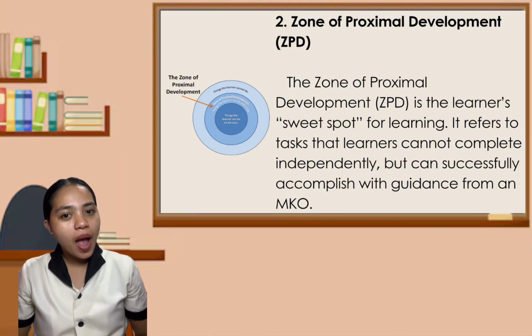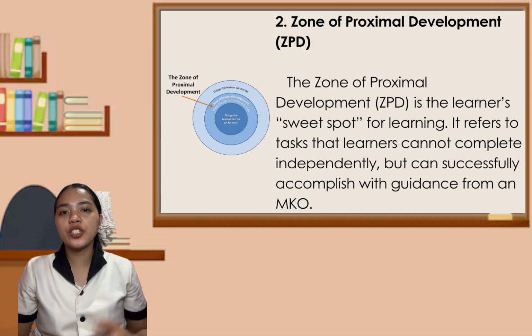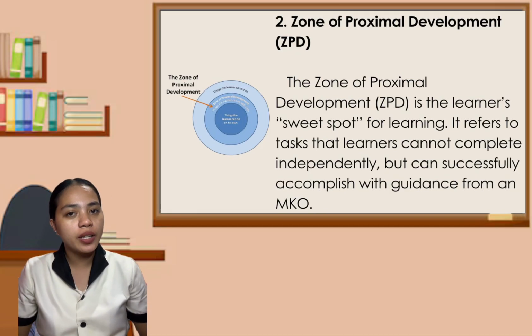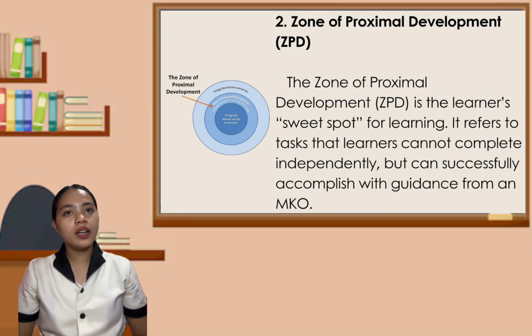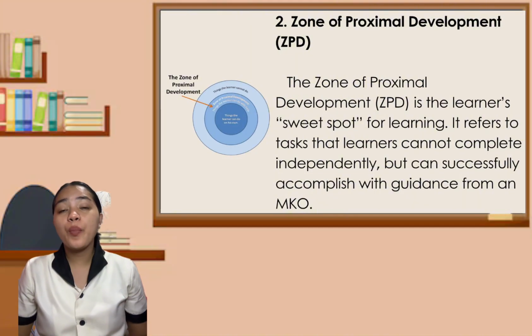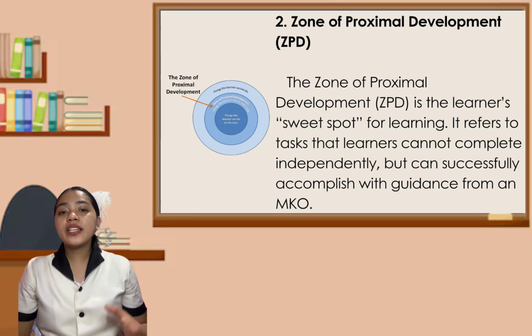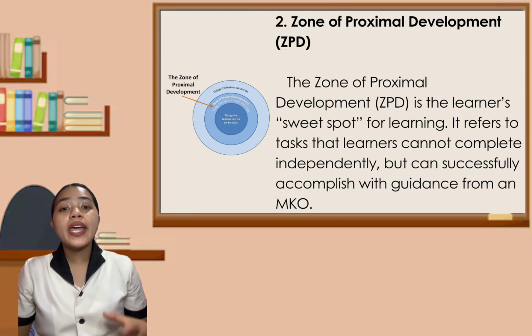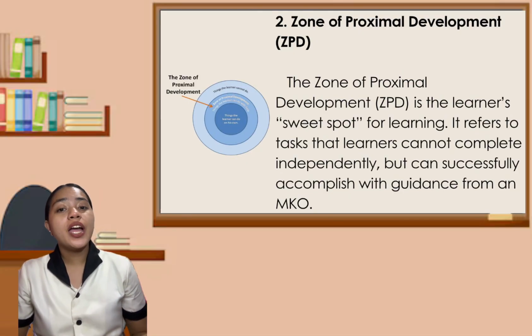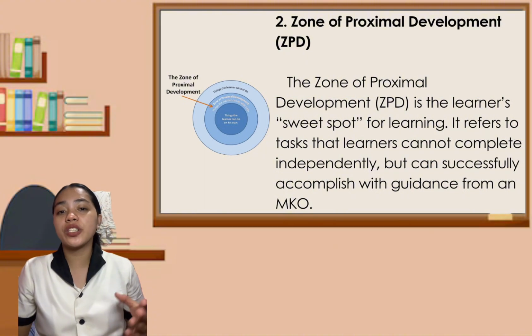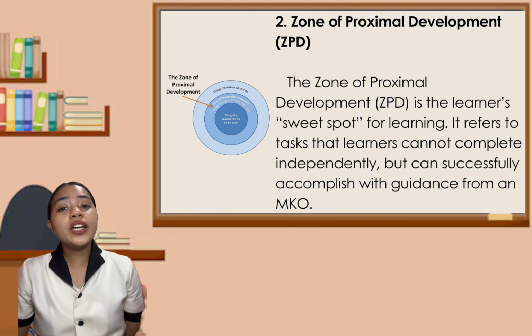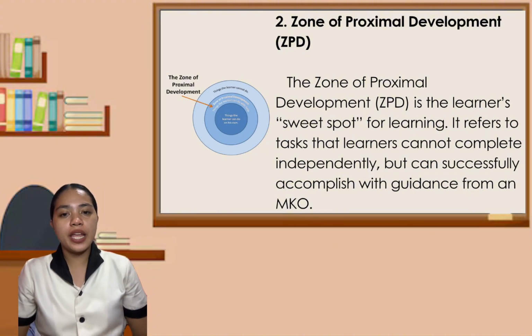Now class, what happens when a task is too easy or too hard? Yes, Harail? You will get bored. Yes, very good. That is why the zone of proximal development is important because it helps us teachers give learners tasks that are just right so you can learn successfully.